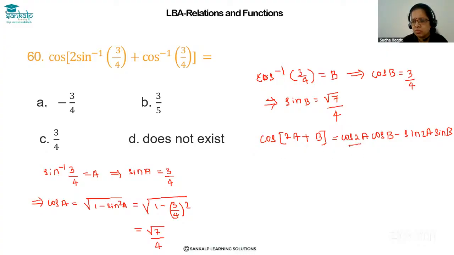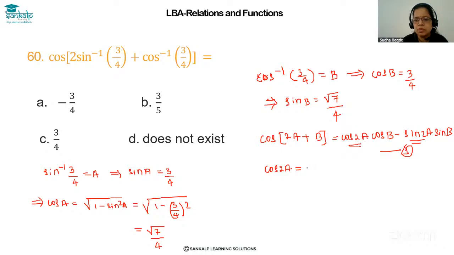So now you require cos 2A and sin 2A. Okay, so let us calculate it. Cos 2A is equal to, and later on if you want you can take it as equation 1.